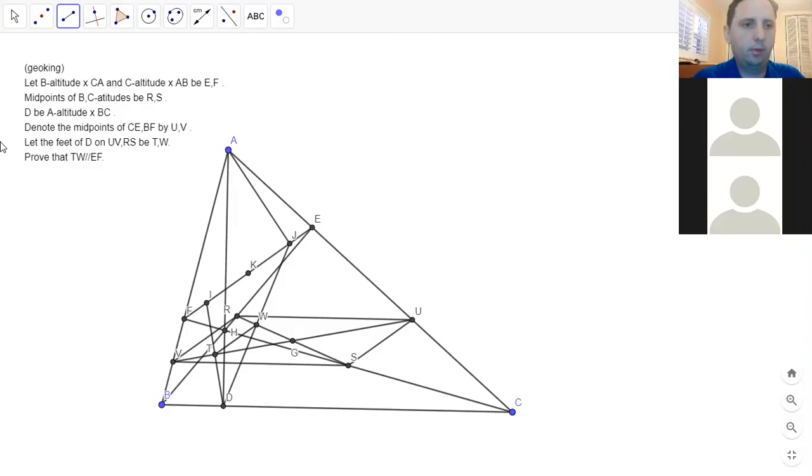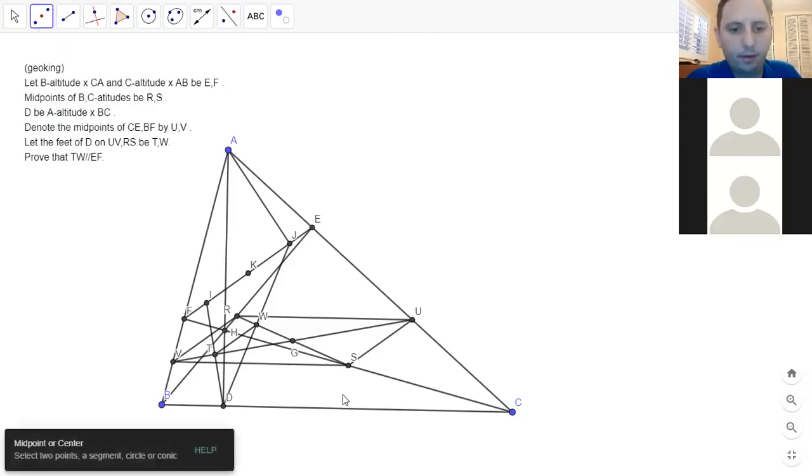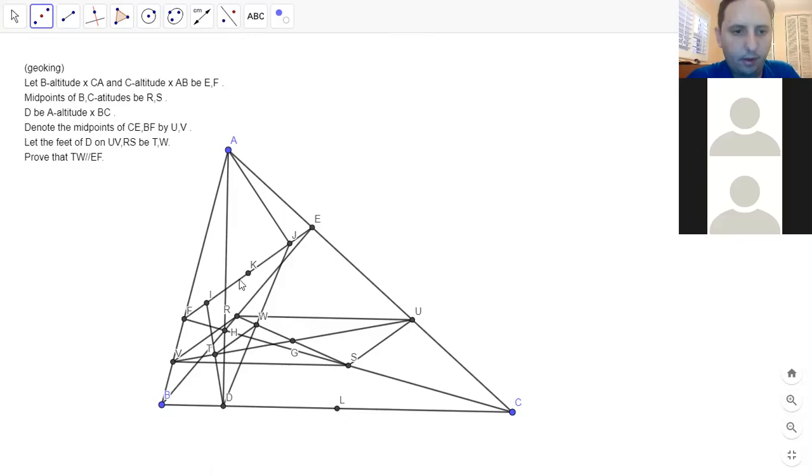Maybe it's worth drawing the midpoint of BC. We know KVLU is a parallelogram. We want to show IVDU is a kite. KU is parallel to CF.